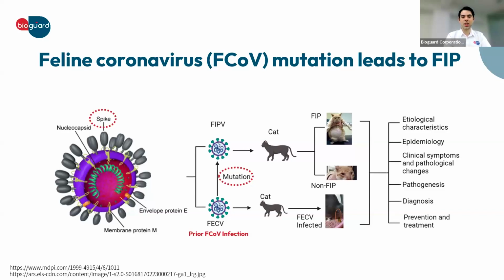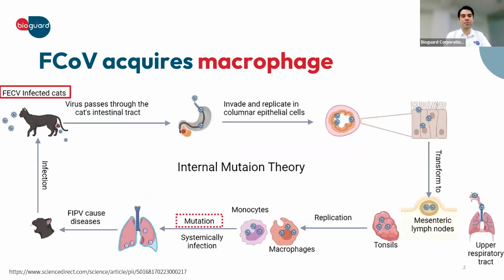So how exactly does it happen? As I mentioned, in approximately 10% of cats infected with feline coronavirus, which is the feline enteric coronavirus, the virus gets some mutations at the infection site that can change its behavior. This alteration allows the virus to enter white blood cells, especially monocytes as well as macrophages, which then spread the virus throughout the body of the cat.